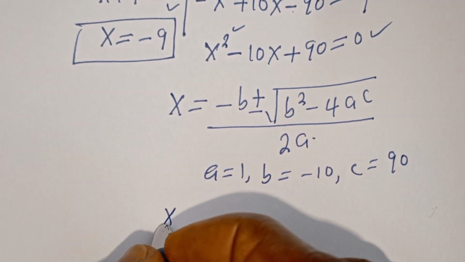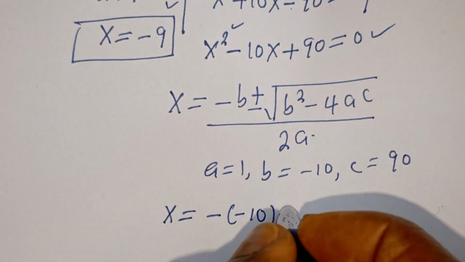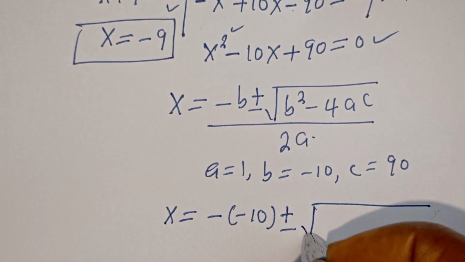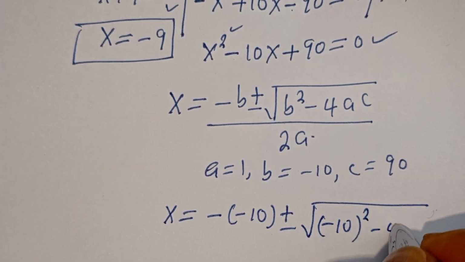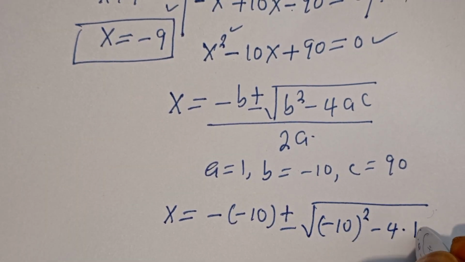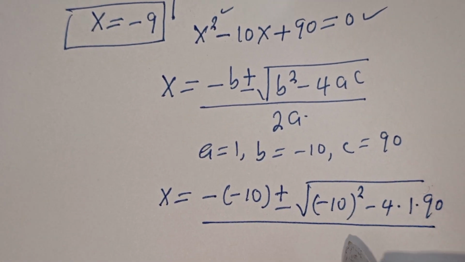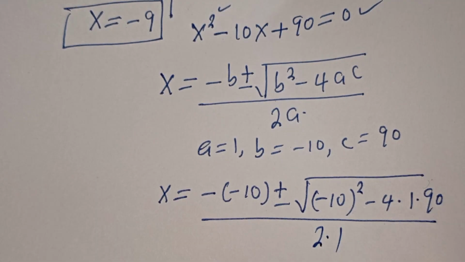Then s is equal to minus bracket minus 10 plus or minus square root of minus 10 squared minus 4 multiplied by 1 multiplied by 90, divided by 2 multiplied by 1.